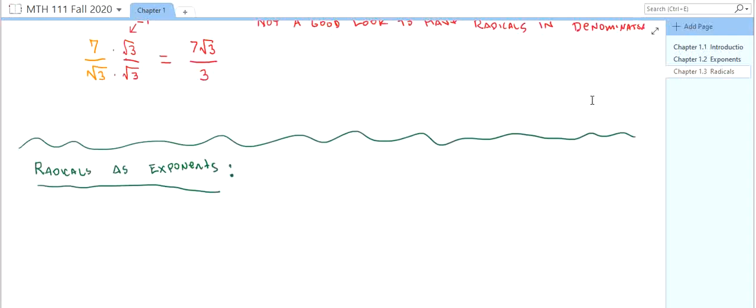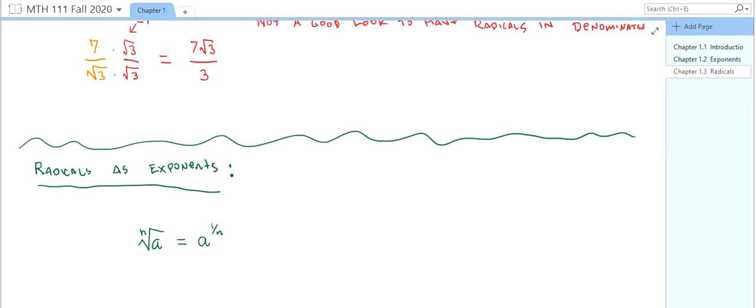So we can write our radicals as exponents. Suppose I have the square root of some value a, or let's call it the nth root. We can put any value in there, 2, 3, 4, 5. We can rewrite that as a to the 1 over n, the fraction.